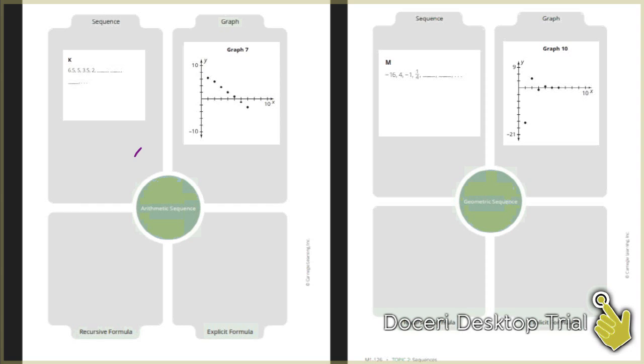So then down in the bottom left is a spot that says recursive formula. Okay? So we know this is an arithmetic sequence, so we know that the recursive formula should have an a, and it should be a_n, the nth term, is equal to, we need to note the previous term.